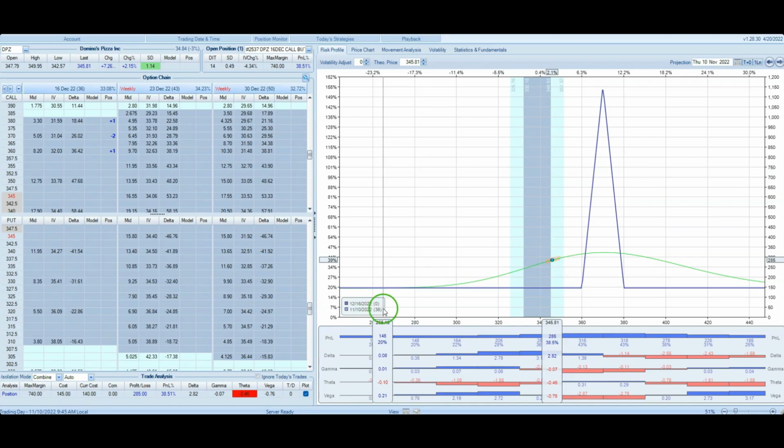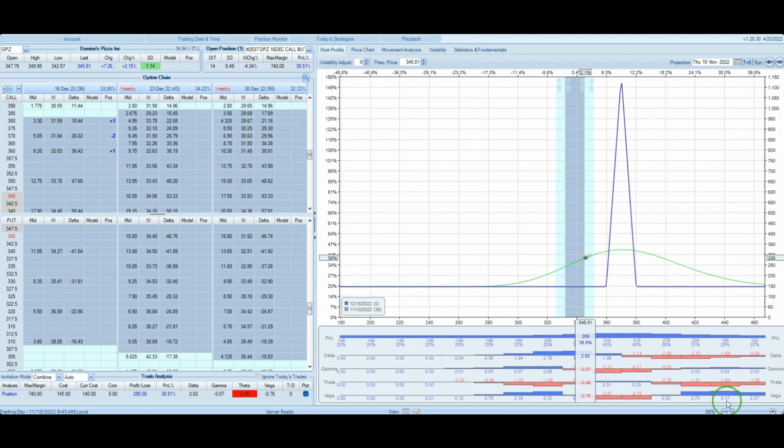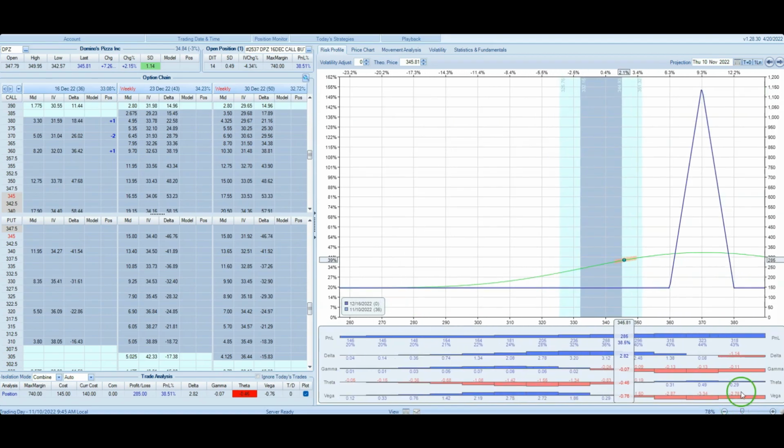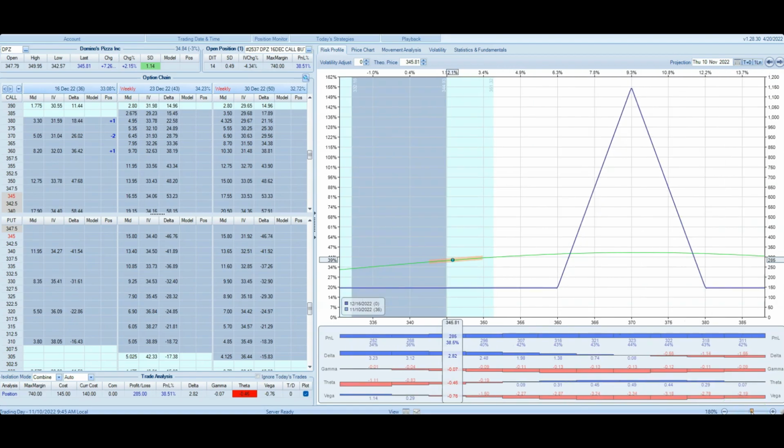I have 36 days to go. I don't have a lot of concern for this trade because, one, I don't have any more risk in this trade, and two, if I pin 370 at expiration, this butterfly is going to pay really well. So I left it alone for the next 30 days.